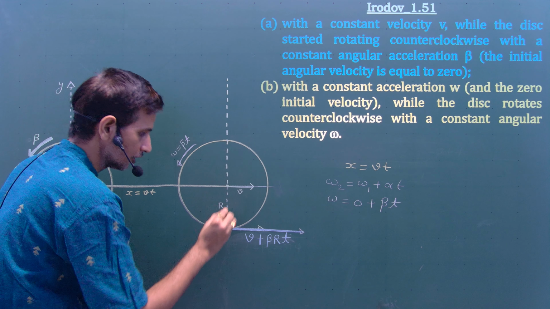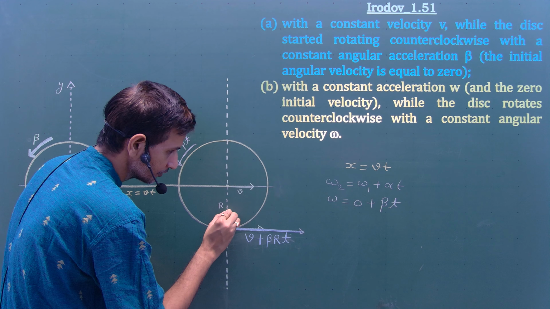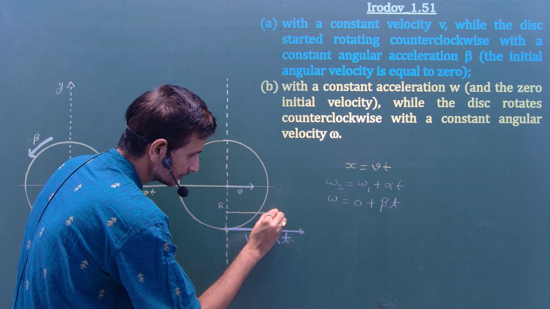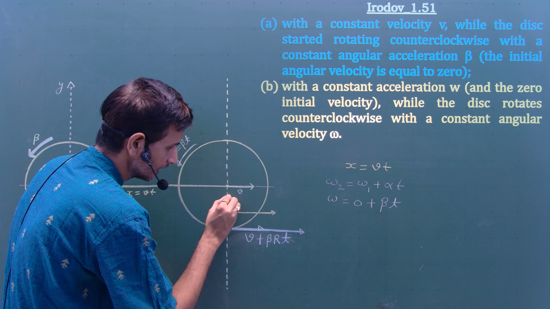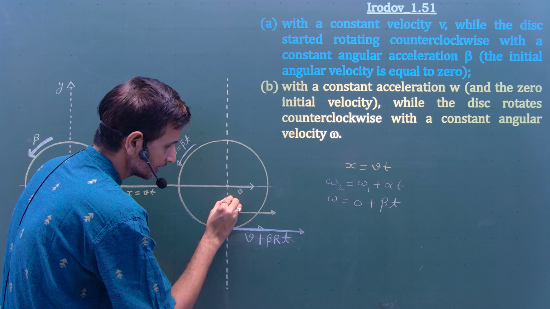Now, how to calculate? The velocity of the instantaneous point must be 0. This is the velocity of the center and this is the velocity of the rim. It is obvious that if I calculate the velocity of this point, it is something less than this but greater than this. If I calculate the velocity of this point, it is something greater than this and less than this.